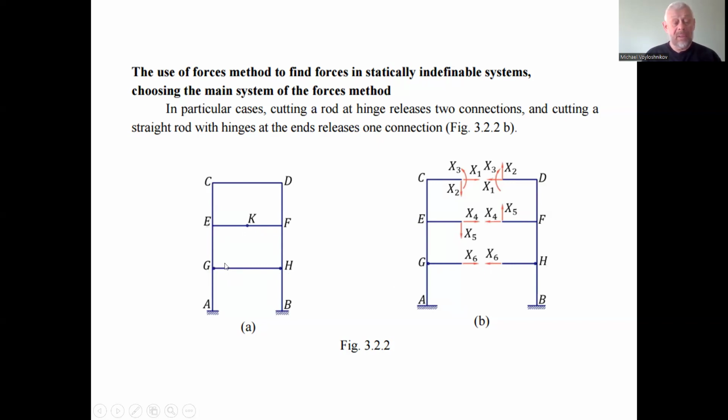In the last rod, when we cut it in the middle, we have only the longitudinal force, as we have two hinges, and that's why this rod is not under the action of the shearing force or bending moment, and we do not have load on this rod itself. If load could be here, it would be another case, but we have no load, and that's why the rod is only under the action of the longitudinal force. So the cut of this rod gives us only one variable.